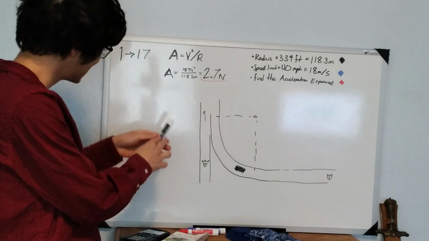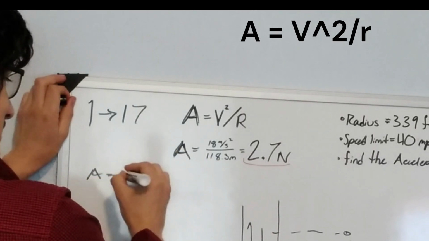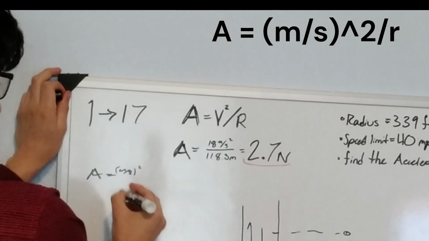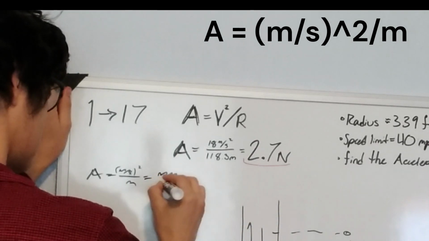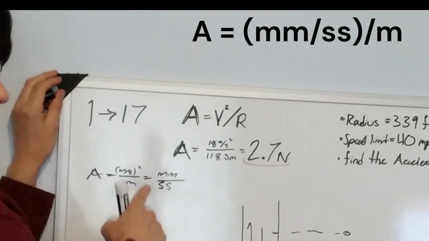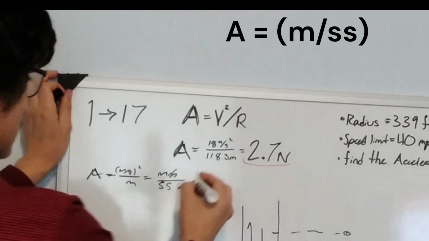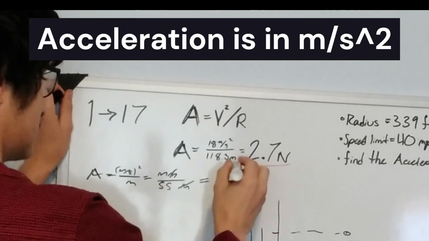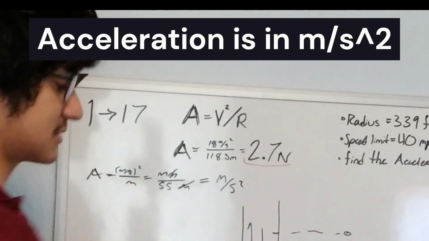Anyway, what I like to do here is follow the units. Acceleration is meters per second squared over meters. Meters per second squared over meters, it all cancels out, and you get meters per second squared.